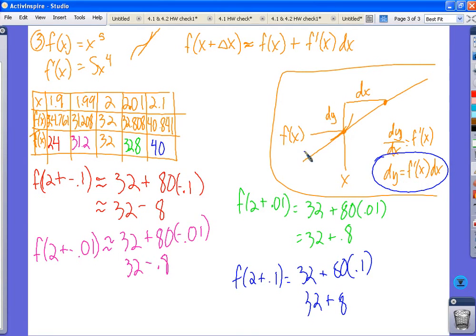The actual change in y will be from here to there, the actual value of the function. This would be delta y. I already have it labeled over here, but this is dy. Okay. Well, delta y, how do you actually calculate delta y?